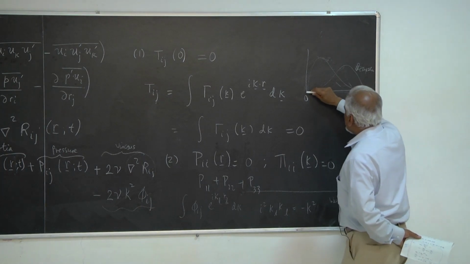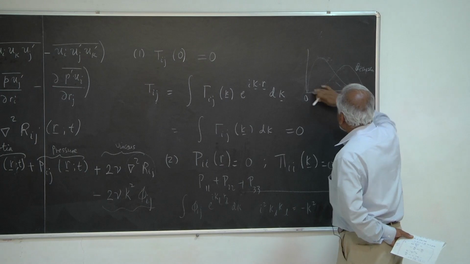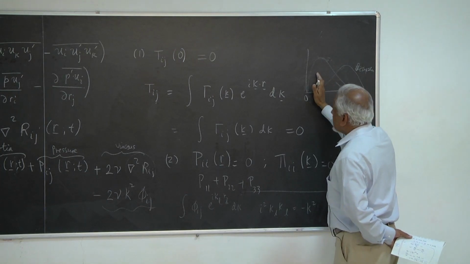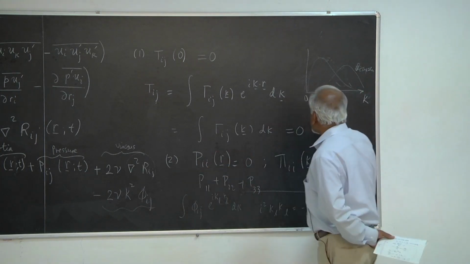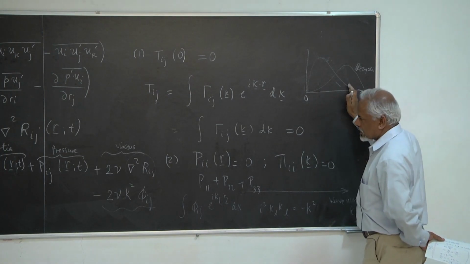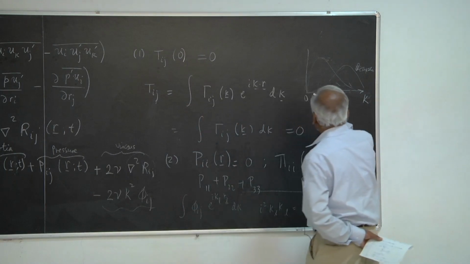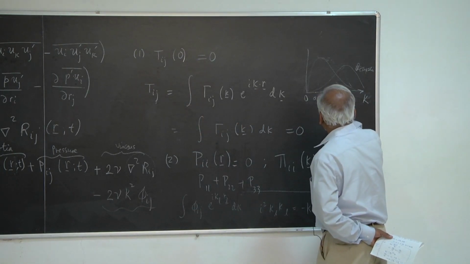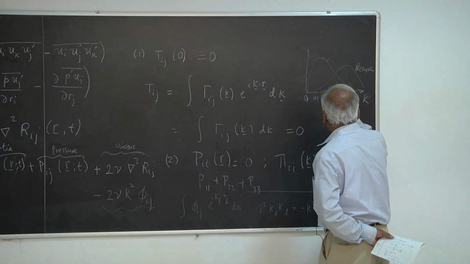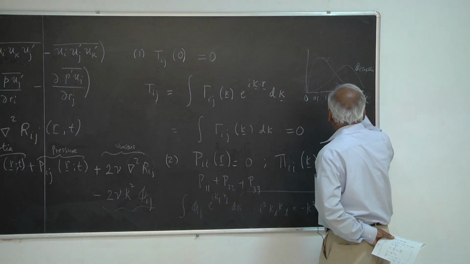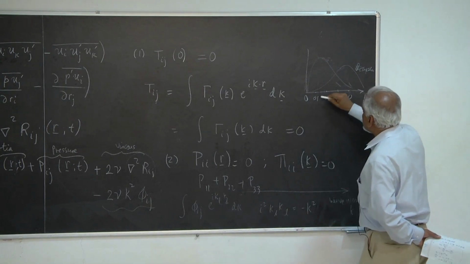So basically, even if the energy is all contained like this at low wave numbers, the dissipative effect is concentrated at higher wave numbers like this, because you have a k squared multiplying, say k here is 0.01, 0.1, 1, 10, like that. You can see what will happen.